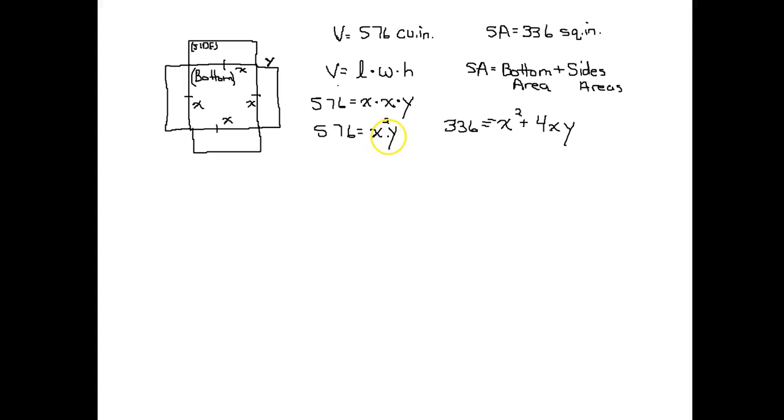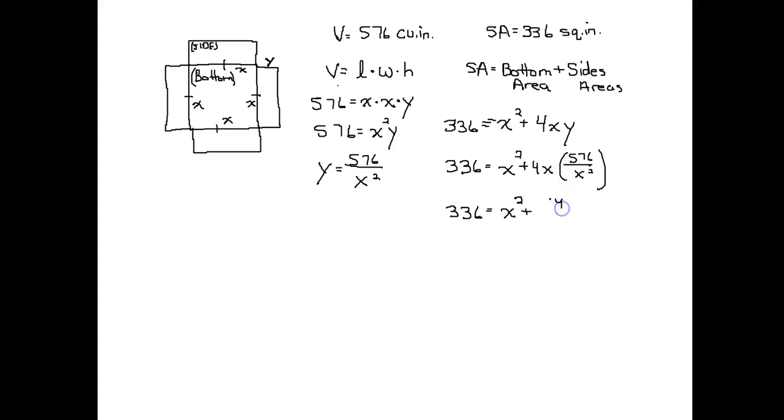I think I'm going to go ahead and solve this one for Y. And then I'm going to make a substitution over here for Y. So we got 336 equals X squared plus X, and the X squared will reduce. So 4, 304 over X. And then you try and solve for X.